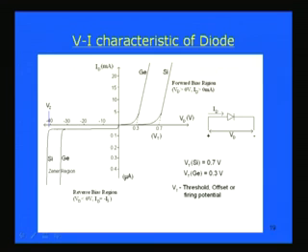But if you go on increasing the reverse bias, a point will come when, at a very high voltage, there will be a sudden rise in the current, and that point is known as the breakdown voltage, or it is also called the Zener voltage.